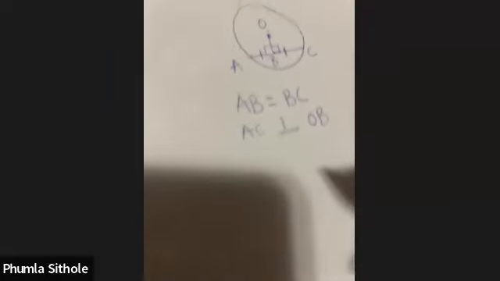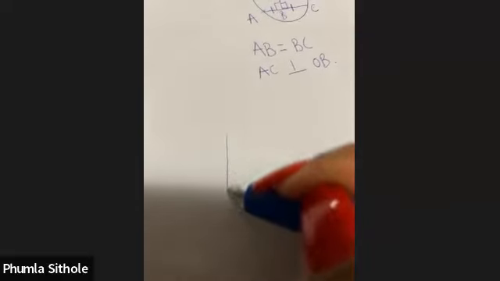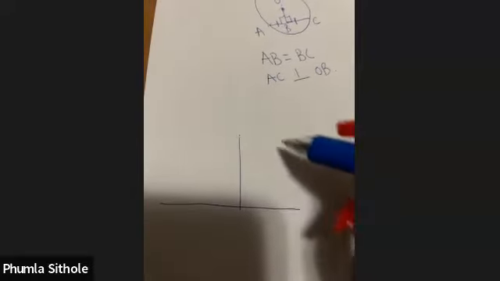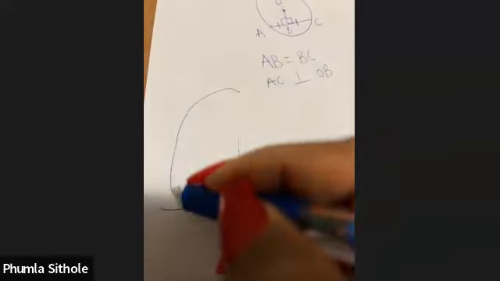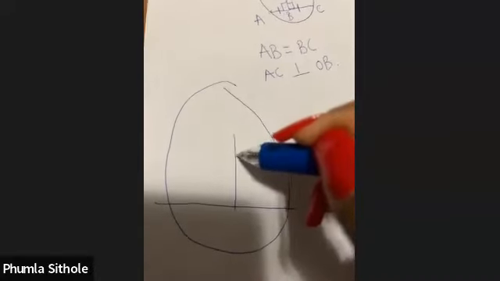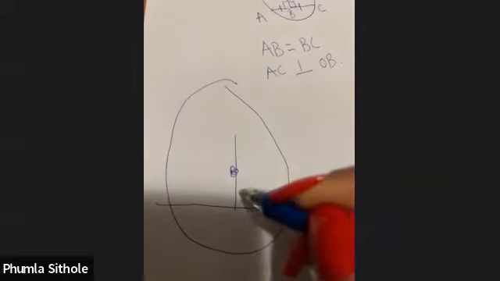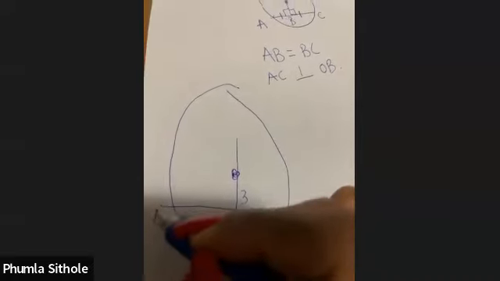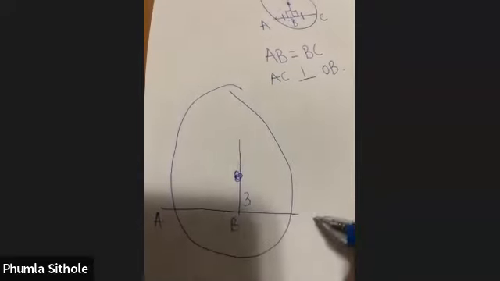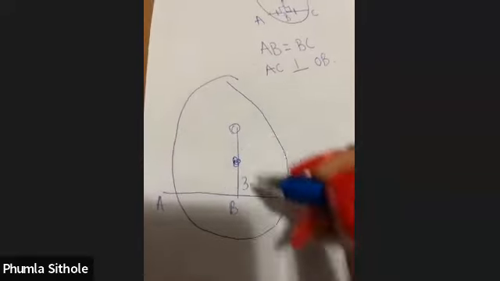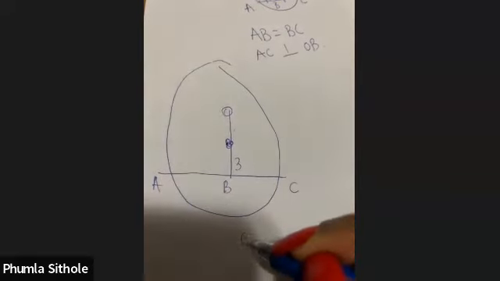Okay, let me just have an example. So let's say you had, so this is your circle. This is your center. This is 3. Okay, let's say this is A, B, and C. Then they say this is O. OB is 3.